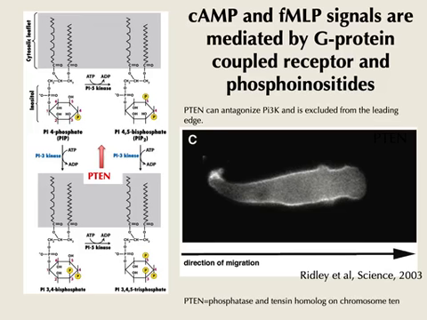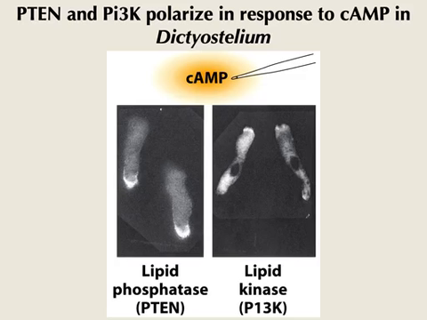So my point is, there's a whole suite of proteins to regulate the local concentrations of these compounds at the membrane. So it happens at the membrane, which is where you want things to happen to integrate signaling and respond with protrusive activity. Indeed, PTEN in the Dictyostelium, when you put cAMP on one direction, PTEN tends to accumulate at the back.